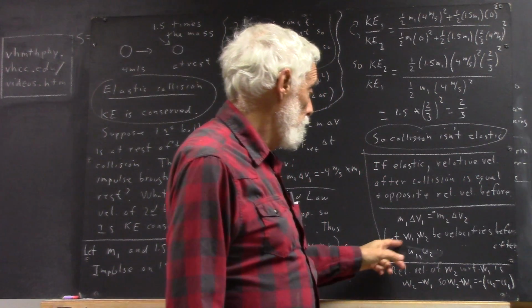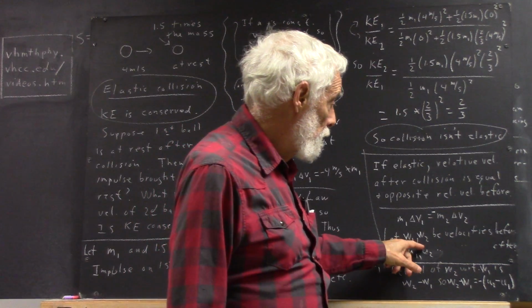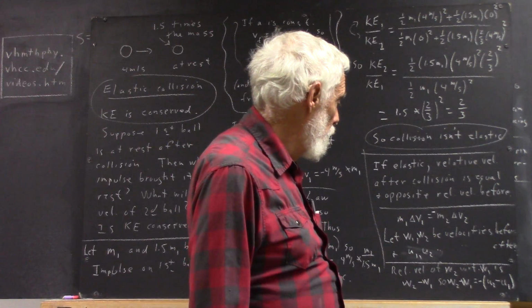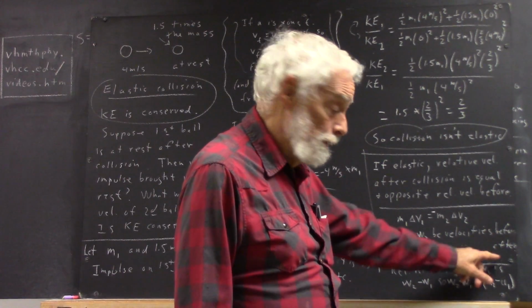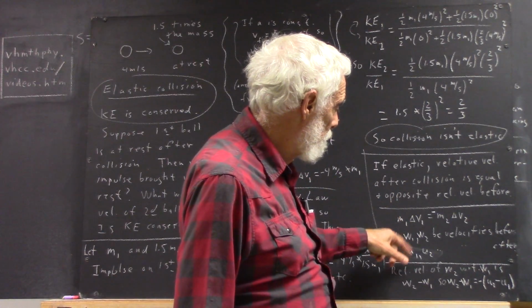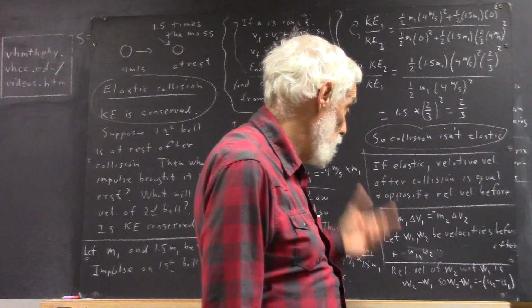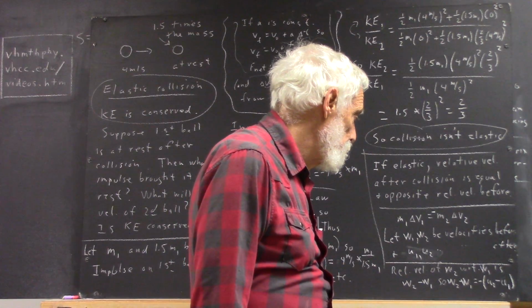I chose to use these letters, okay? So W1 and W2 are the velocities before, U1, U2 the velocities after. Clearly, the subscripts refer to which particle, which ball in this case.